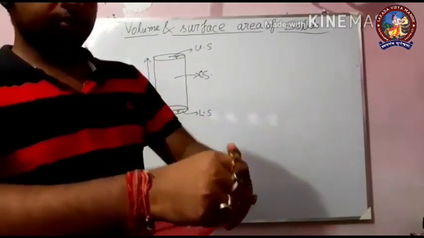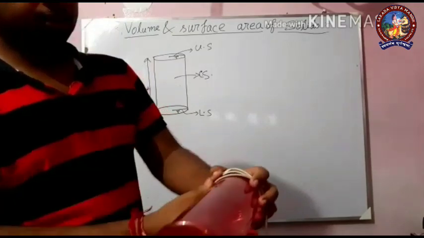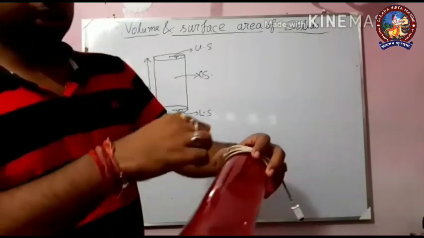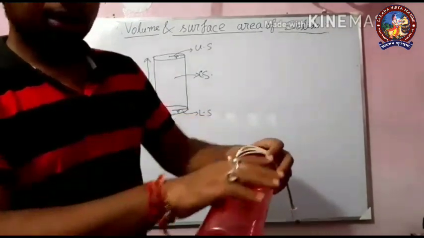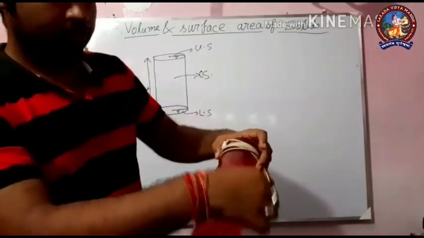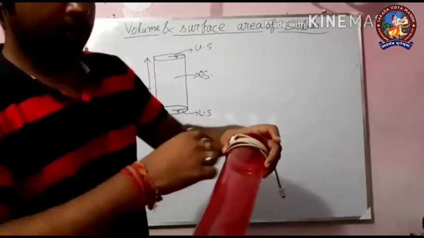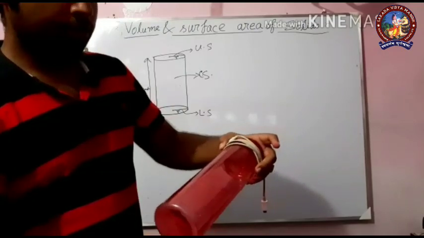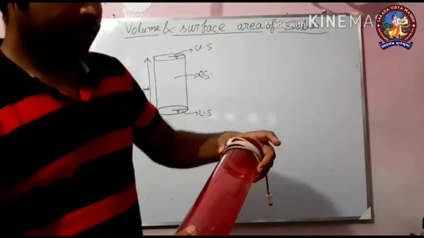In this way, if the wire is long enough, I can cover the total curved surface by rolling the wire here, right?